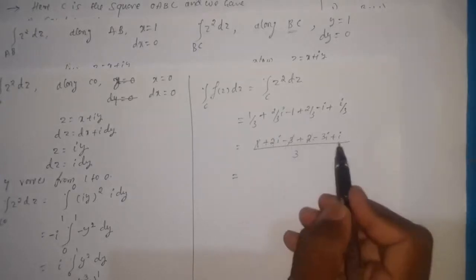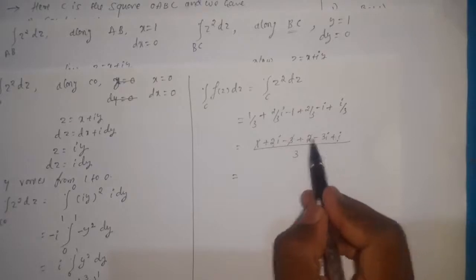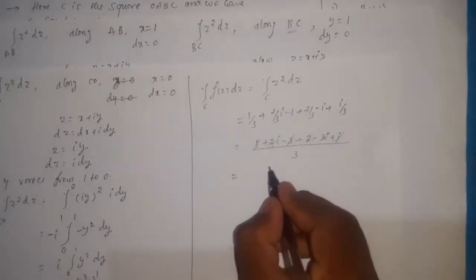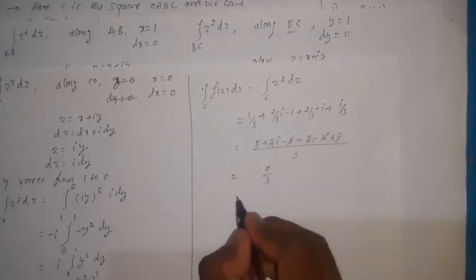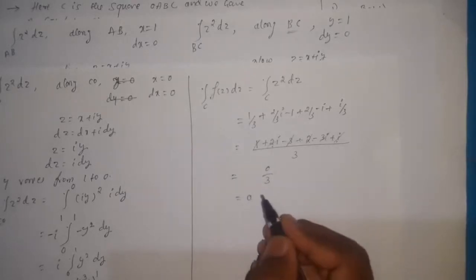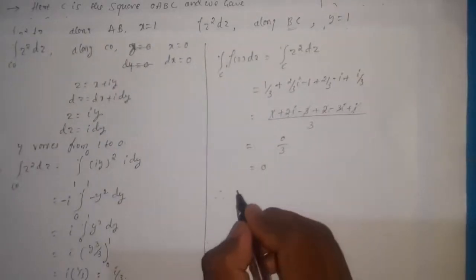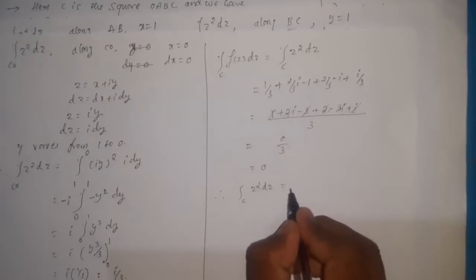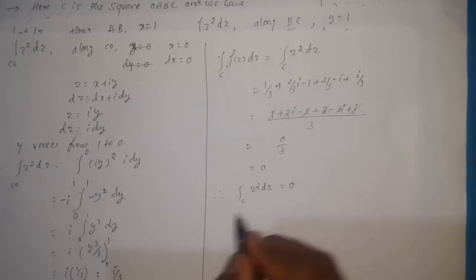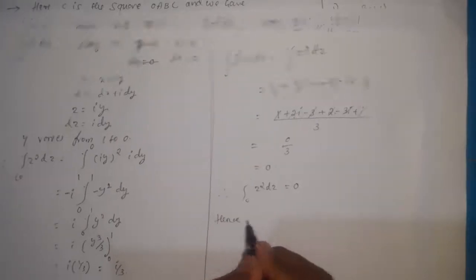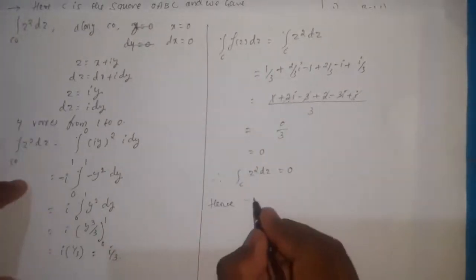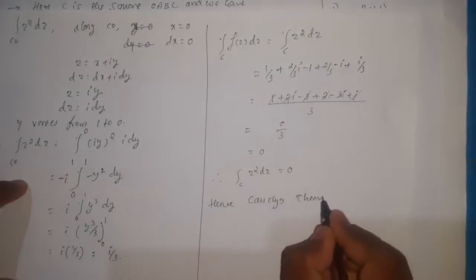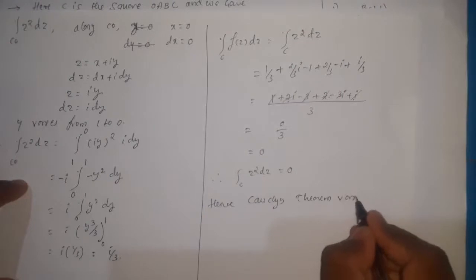Then 2i plus i, that is 3i, minus 3i, so that is also cancelled, which is equal to 0 by 3, that is equal to 0. So therefore the integration over C of z square dz is equal to 0. Hence Cauchy's theorem verified.